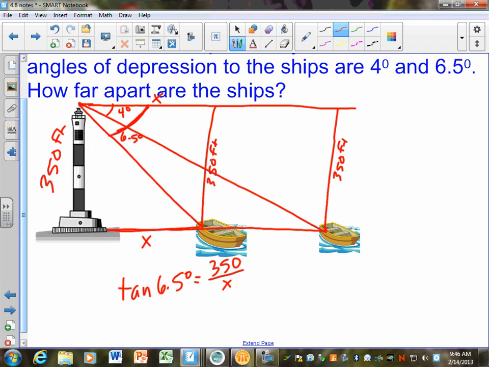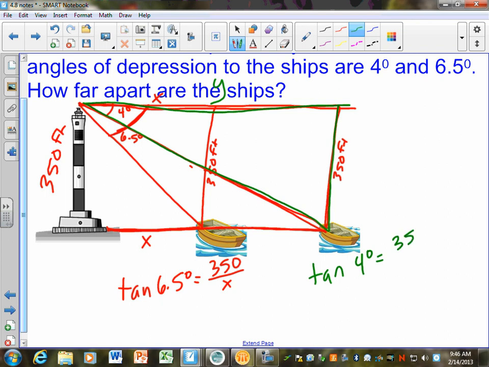And if I go over here, I'm going to call this a different letter just because I don't want to have 2 x's in my problem. But this one would be measuring this entire distance, right? So it's this great big triangle right here. I'm going to call that distance y, but I still am going to do tangent, but it's going to be 4 degrees equals 350 over y.